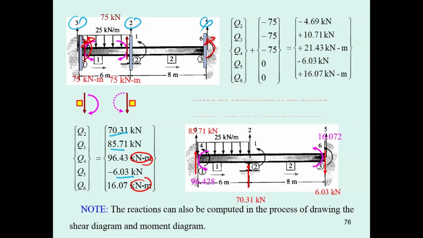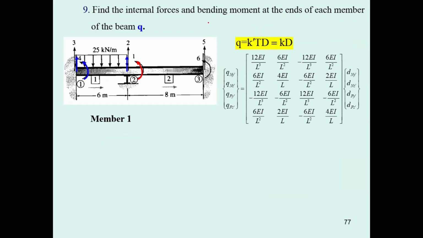Okay, so taking the equilibrium. Then at this point, small q is going to be k times the transformation matrix and capital D for the beam. I just said only for the beam. The beam that we have in this direction, lambda sub x equal to 1, lambda sub y equal to 0. This transformation matrix is going to be the identity matrix.